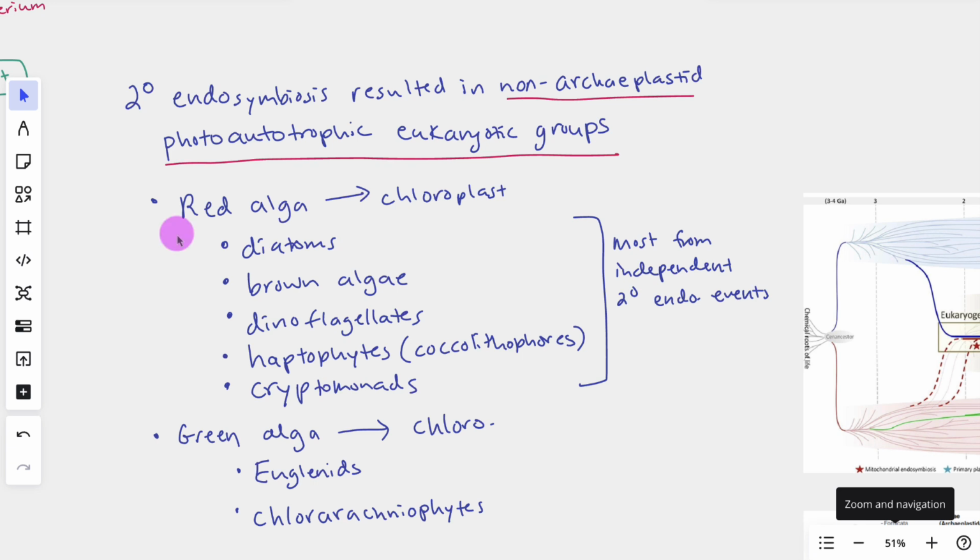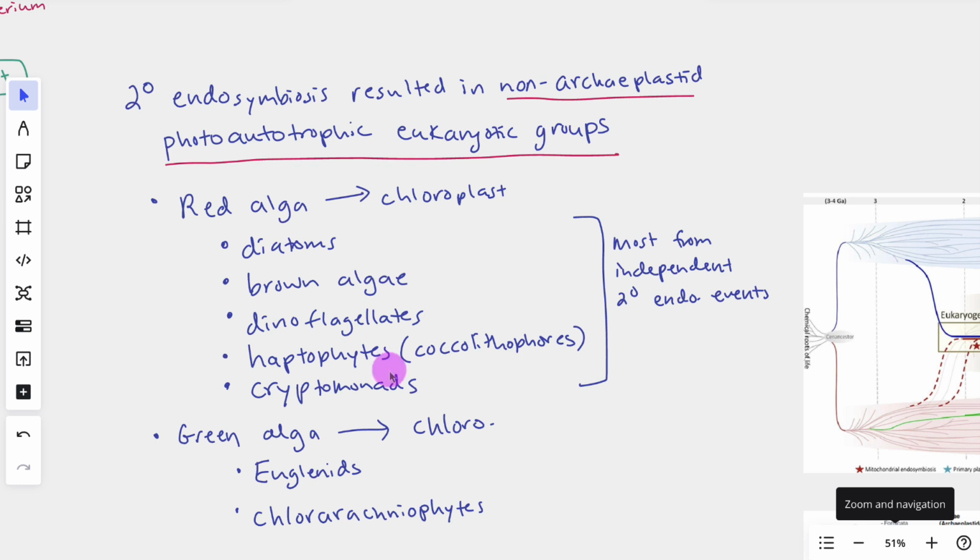So the ones who got it from red alga being engulfed, that turned into the chloroplast, are diatoms, brown algae, and those are both in the Straminopyle group, are dinoflagellates, some of which have lost the chloroplast entirely, some of which have non-functional chloroplasts. It's a little unclear whether everybody in dinoflagellates came from a lineage that had engulfed the red algae or just some of the groups there.